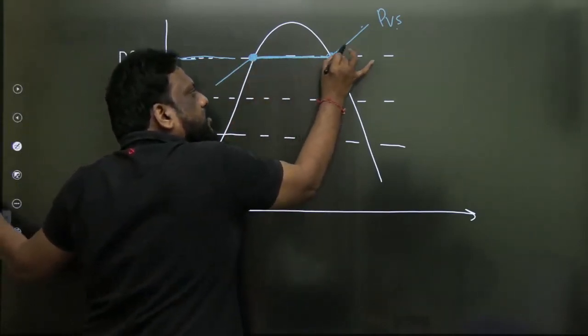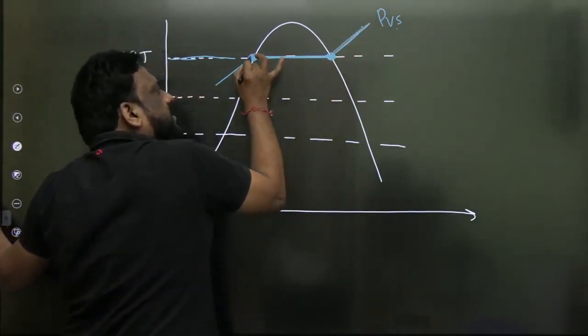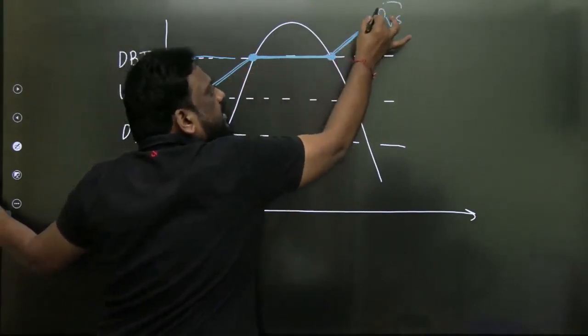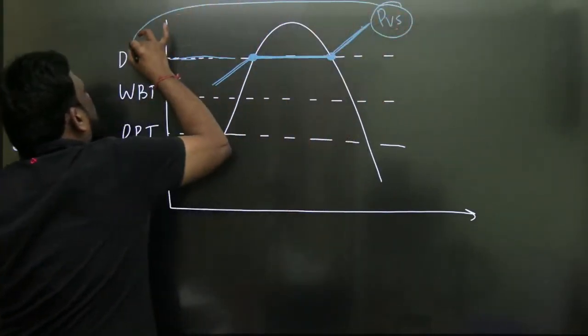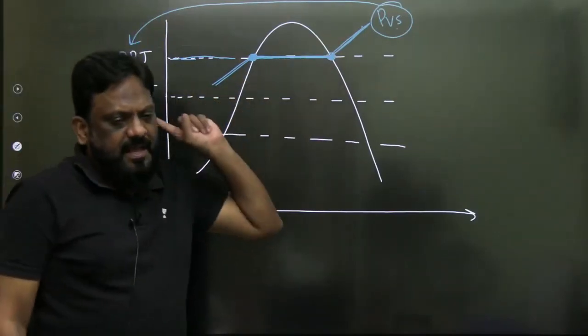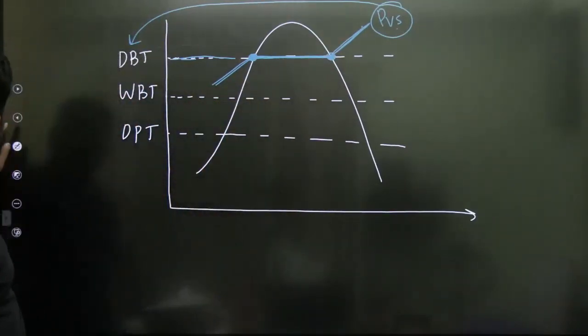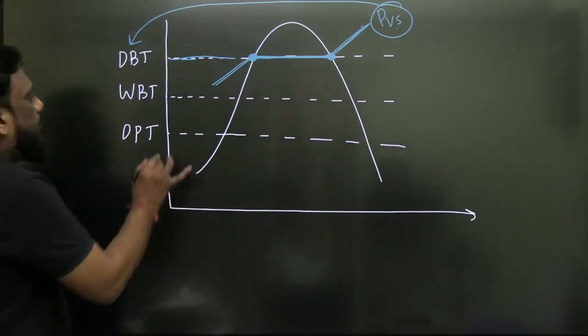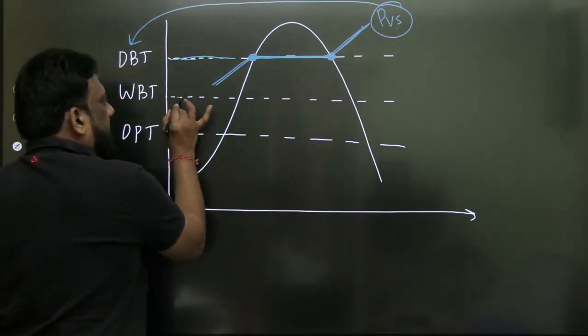Passing through this saturation, draw one pressure line, and that pressure we call it as PVS. PVS is the saturated vapor pressure corresponding to dry bulb temperature. Now, please look at this is a wet bulb line, and where is constant?